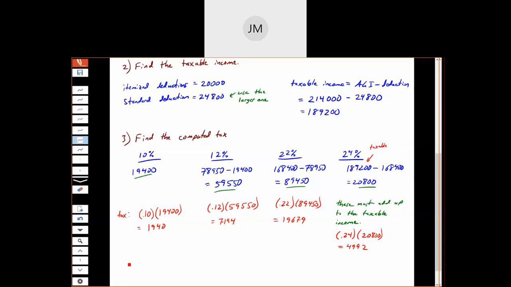So our computed tax is these four numbers added up: the 1,940 plus the 7,194 plus the 19,679 plus the 4,992.